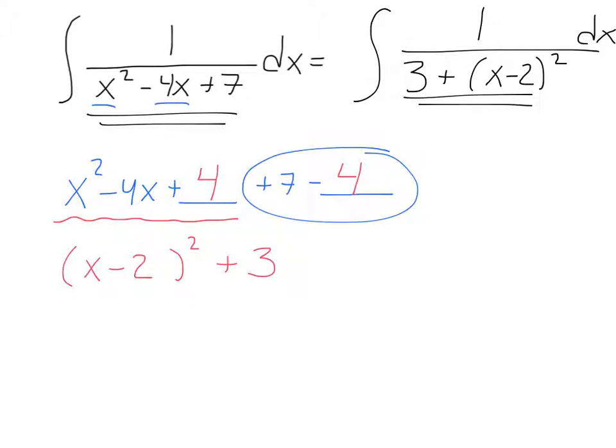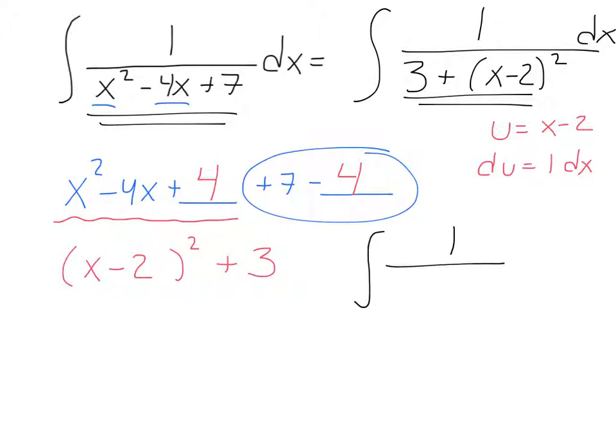But what's nice now is I can use u substitution, and this fits our mold for arctangent perfectly. I would have to let u be what is being squared, which is x minus 2. But what's nice is the derivative of x minus 2 is just 1. So just to show all my steps, I'll go ahead and make my substitution.